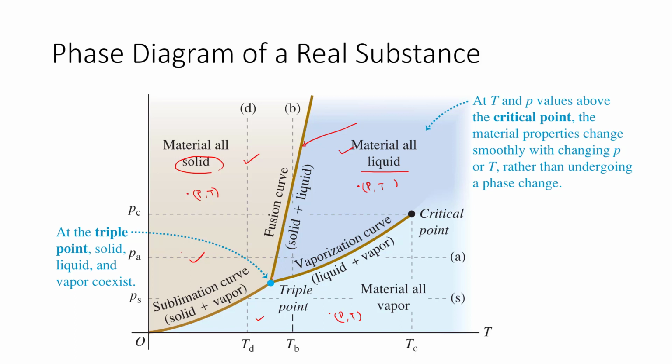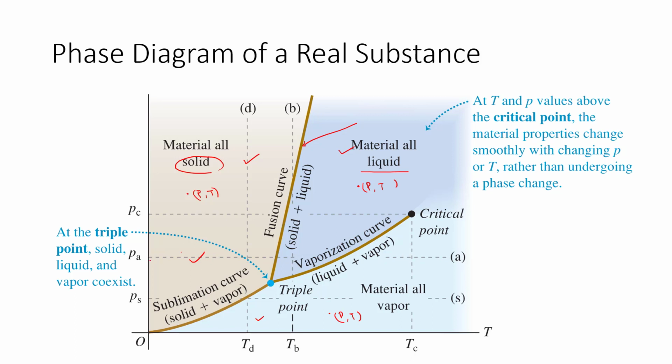So if we add heat to a substance at a constant pressure, it undergoes a series of states, represented by the horizontal line A. We are increasing the temperature along this line, and as we increase the temperature, keeping the pressure constant, it undergoes all these different states.